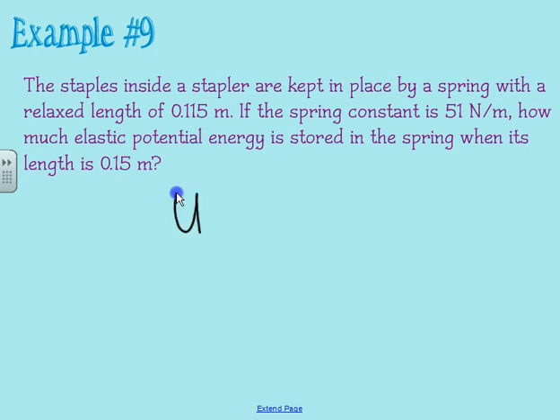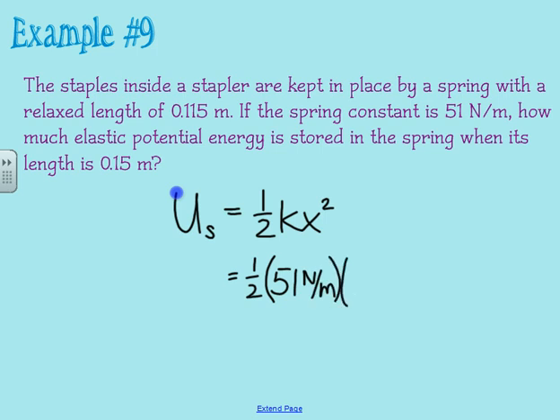Again, the equation for elastic potential energy of springs is 1/2 kx squared. So 1/2 times 51 newtons per meter. To find x, we need to find the difference in these two lengths. 0.15 minus 0.115.